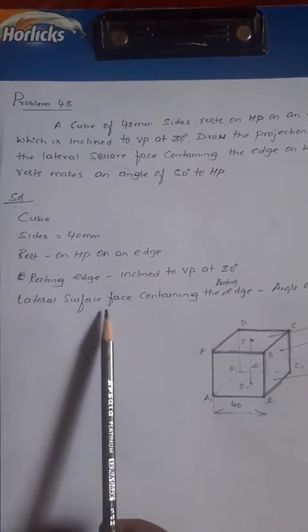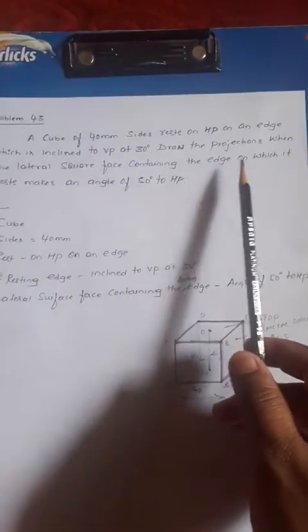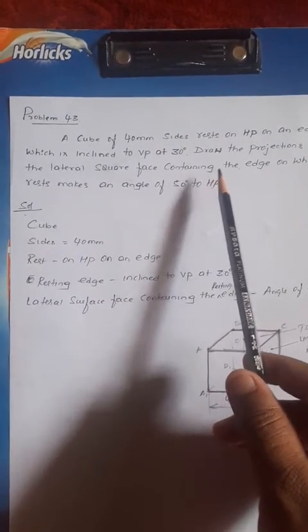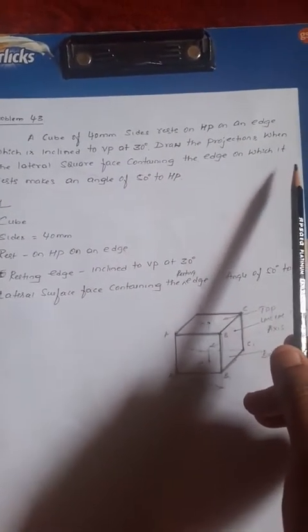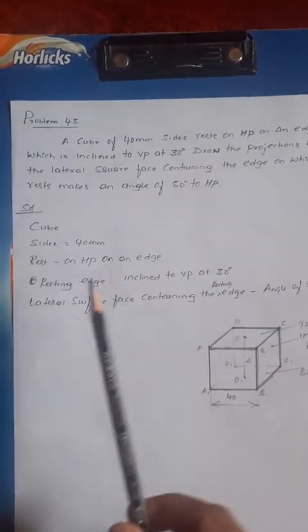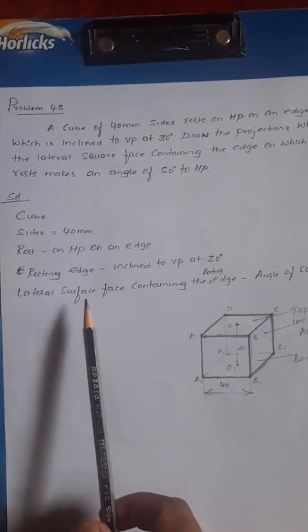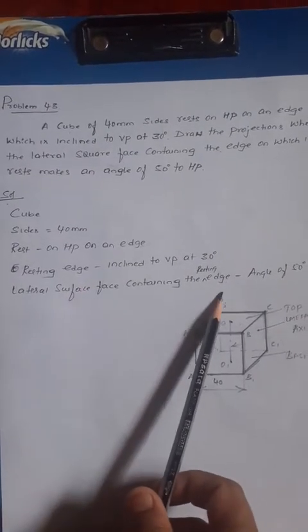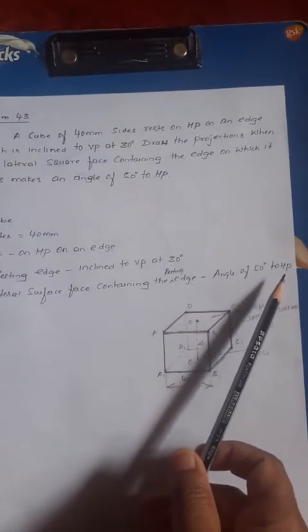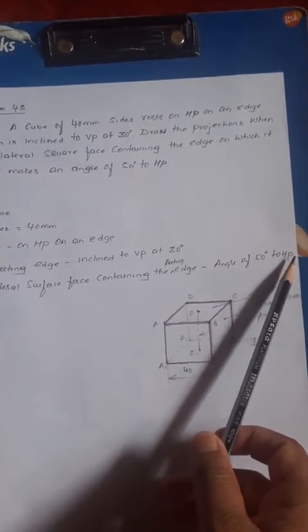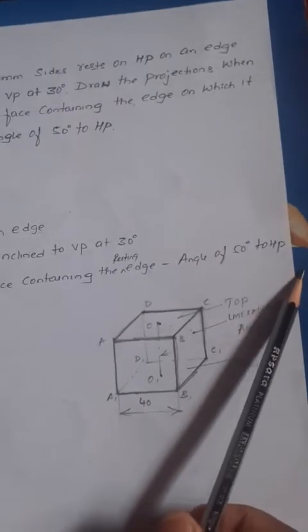Then the lateral surface. Draw the projection with the lateral square face containing the edge on which it rests making an angle of 50 degree to HP. The dimension given to HP, you show in VP, right?